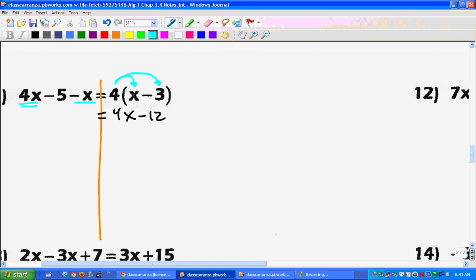Now on the left side, 4x minus x gives us 3x minus 5. Let's move our variables to one side. So I'm going to subtract the 4x, and you get negative 1x minus 5 equals negative 12.